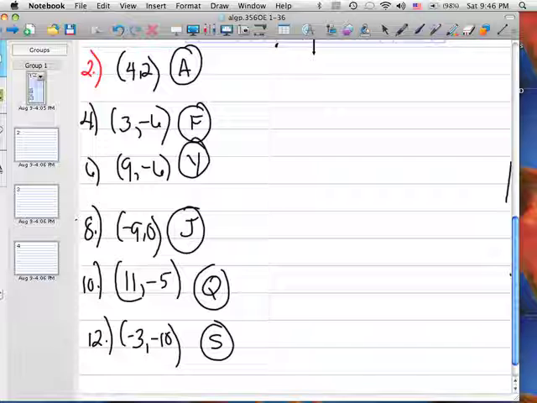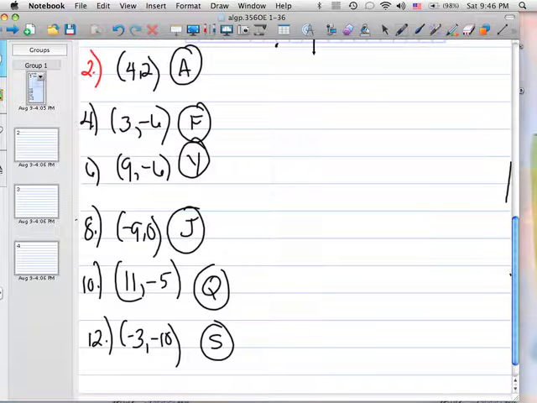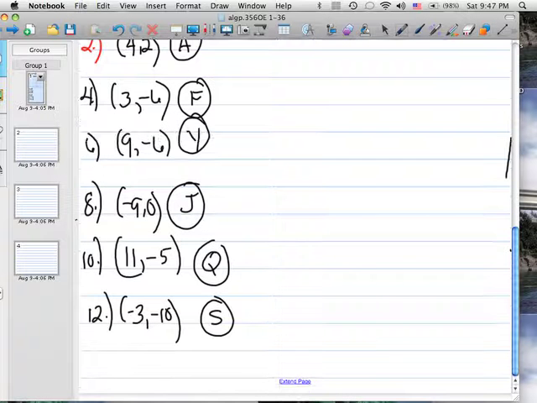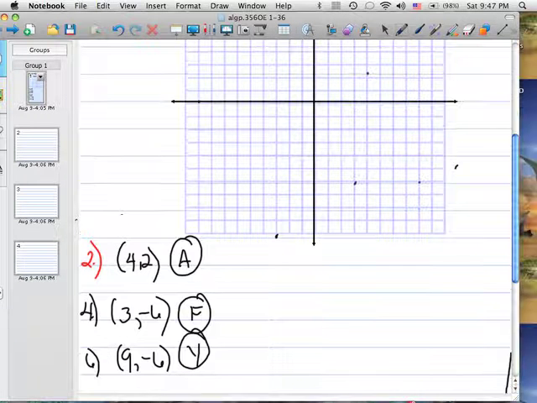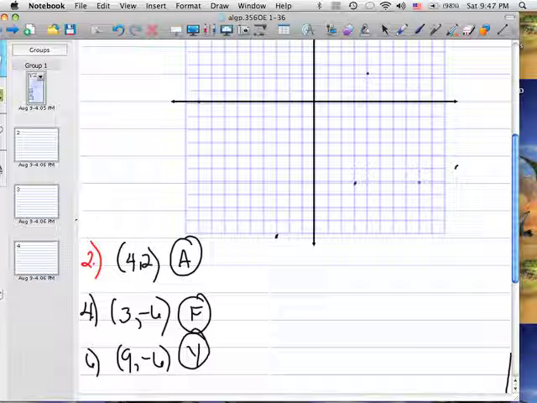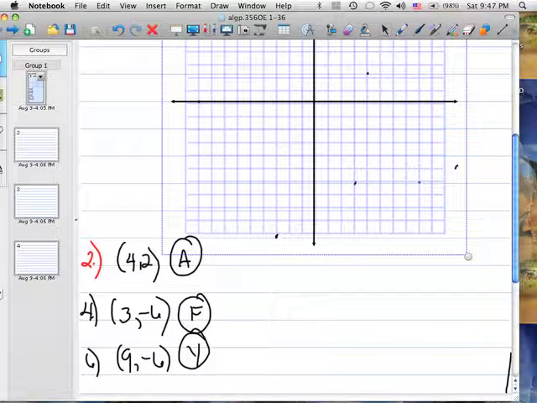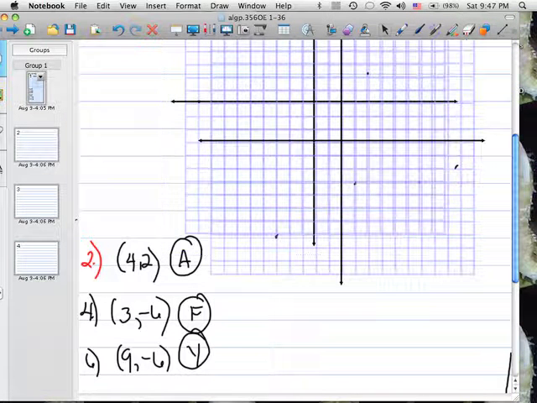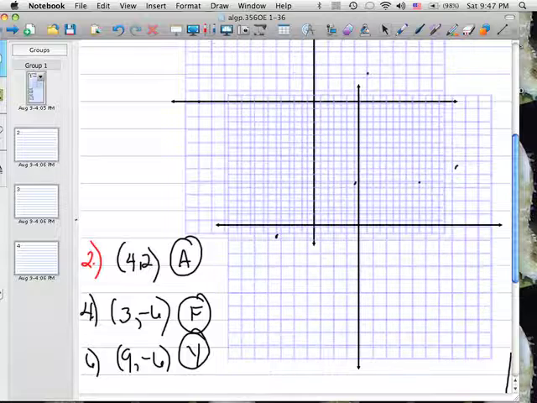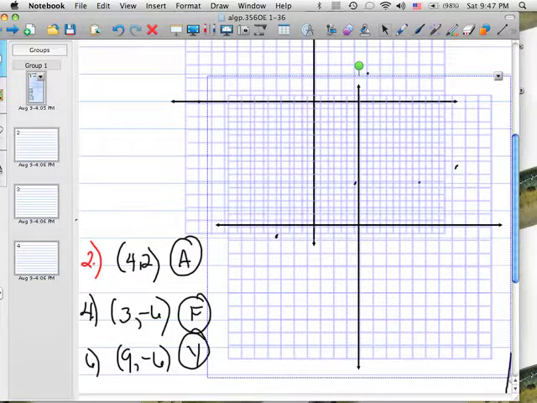Now they want you to give the coordinates in the quadrant of each point. So we'll go ahead and take this coordinate plane and copy it. I'm going to move it down and make it a little bit smaller.